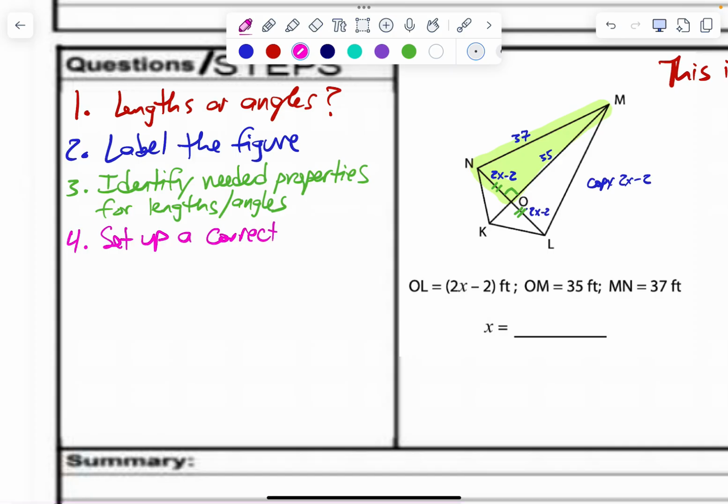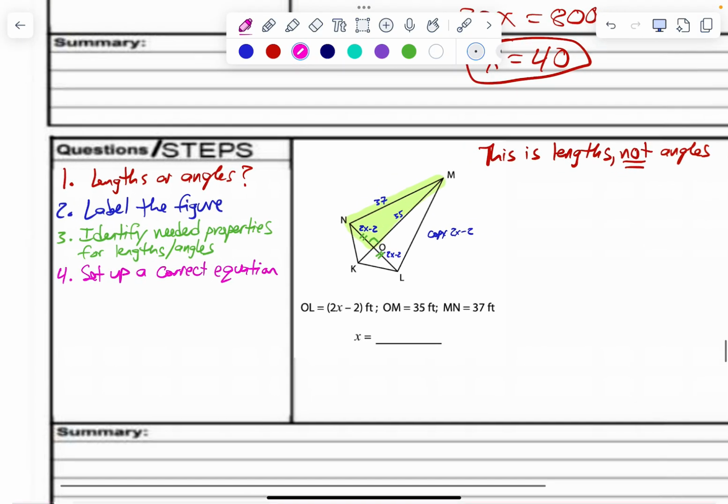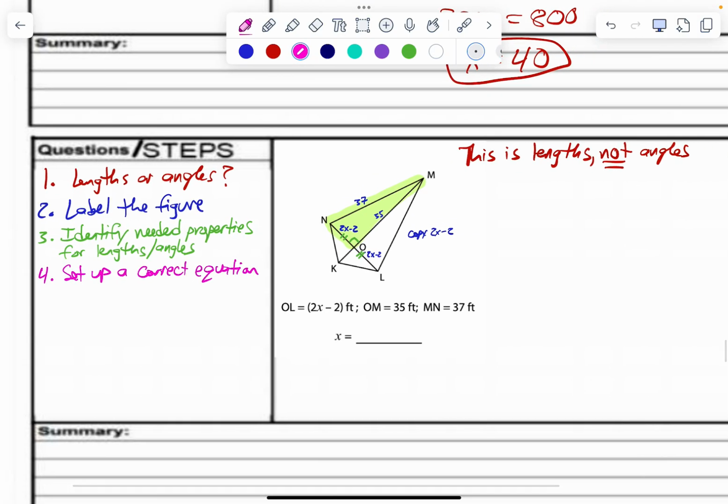Well, we're ready to set up some kind of equation. Which one? So the three sides are in a what kind of triangle? Right triangle. Are in a right triangle.